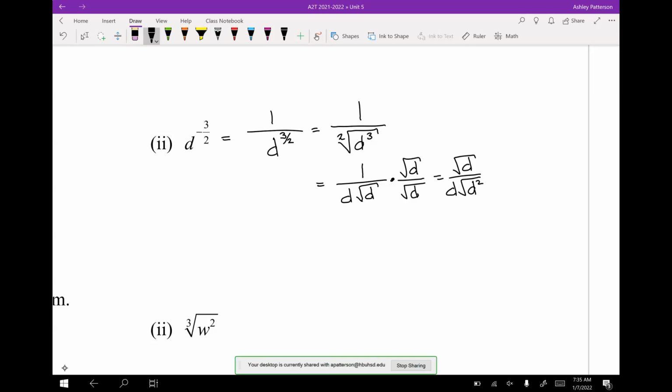It's a lot of d's. What is the square root of d squared? Yes. So we get the square root of d over d times d, which leaves us with the square root of d all over d squared. It's a very terrible tongue twister. Any questions on 2?